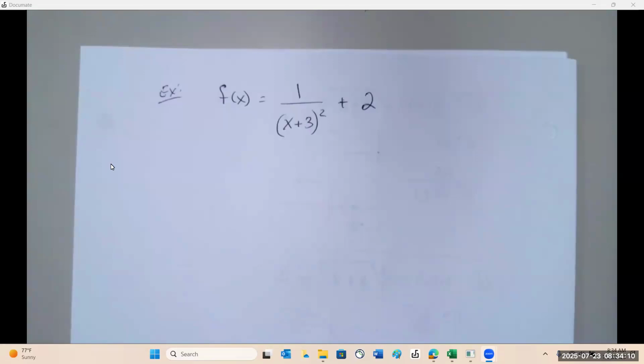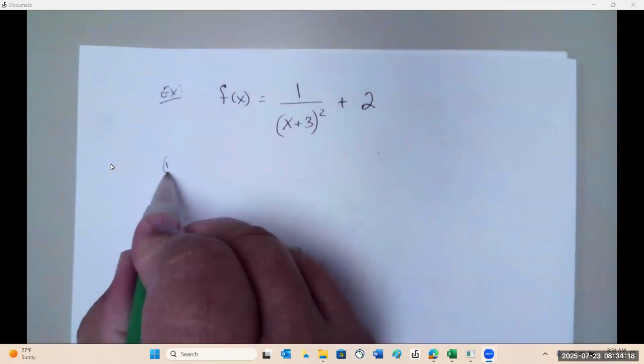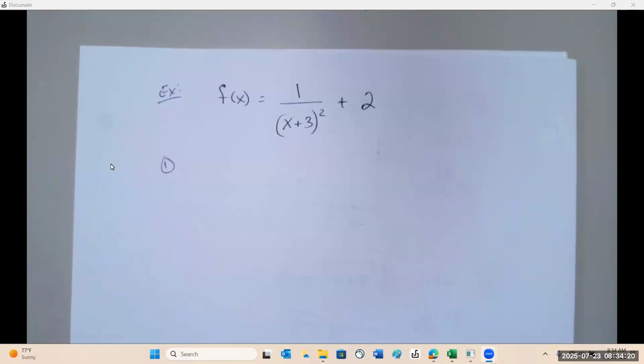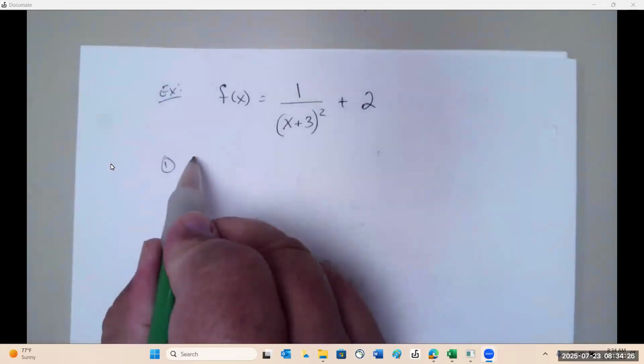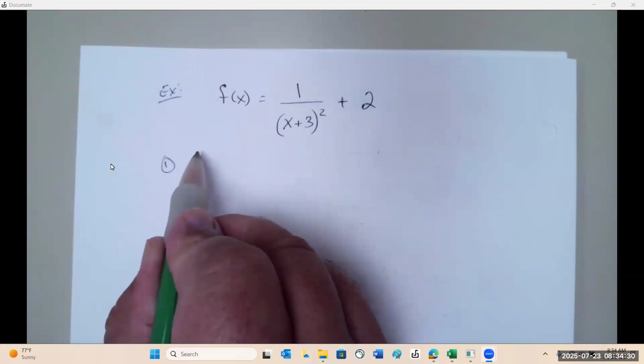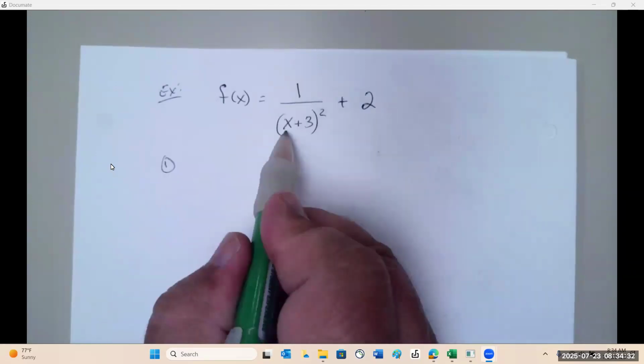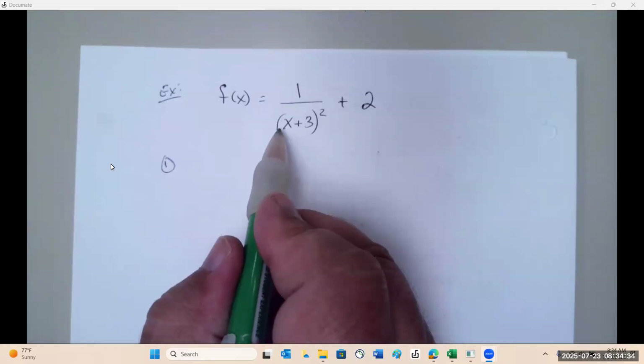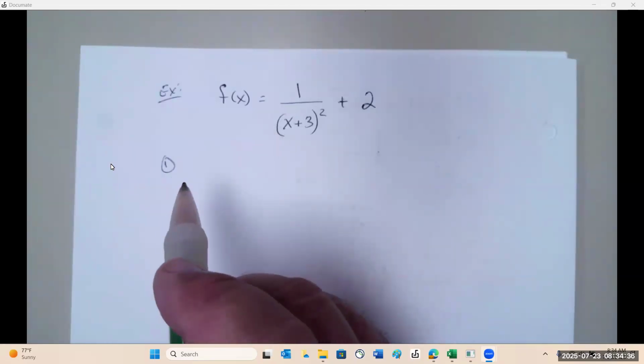How about this one? First question, what function from the library of functions does this one look like? There are two of those. Which one? It's rational because x is on the bottom. Very good. But which one of the two?